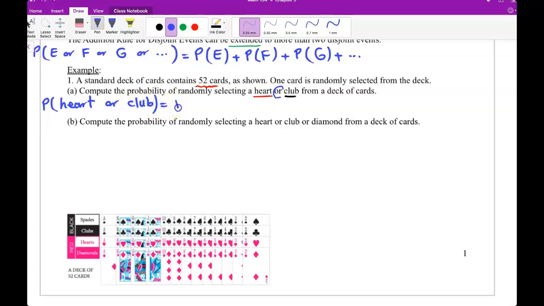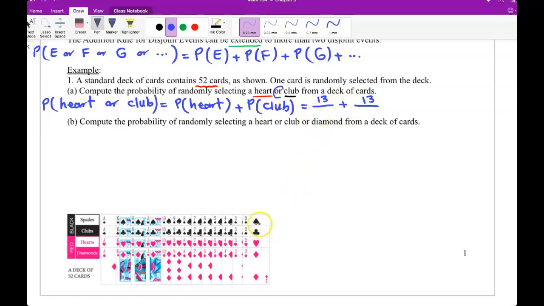That is equal to the probability of having a heart plus the probability of having a club. How many hearts we have is 13. Same thing for how many clubs we have, 13.